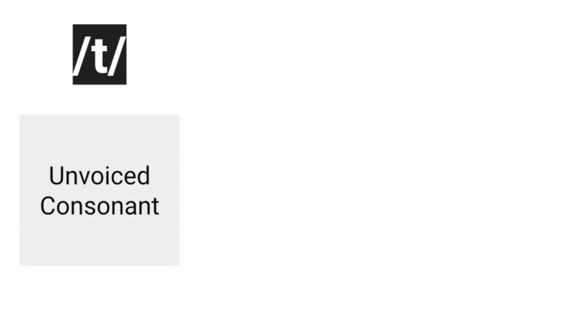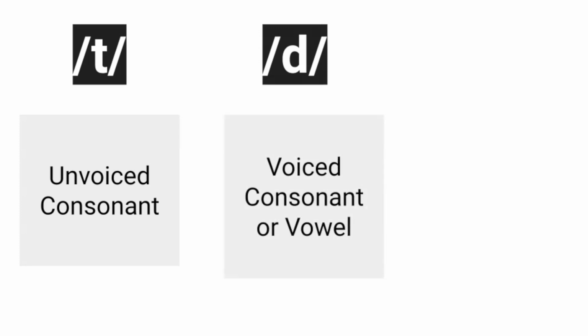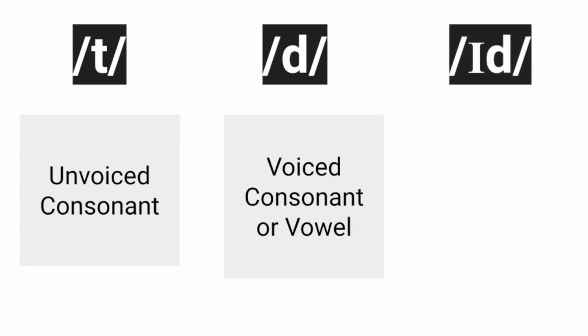We use t when the verb ends with an unvoiced consonant. We use d when the verb ends in a voiced consonant or a vowel. And we use id when the verb ends in a d or a t.